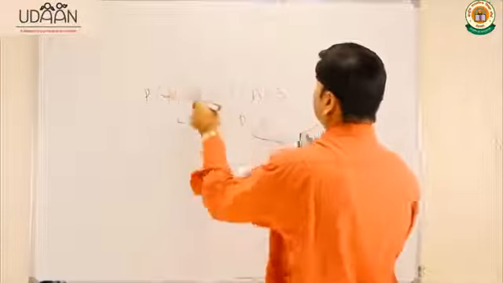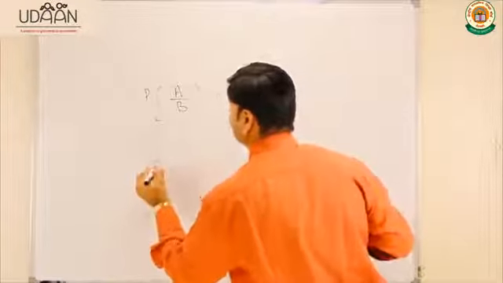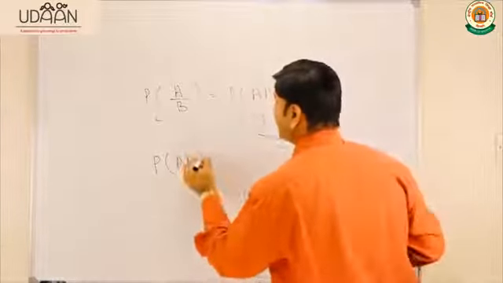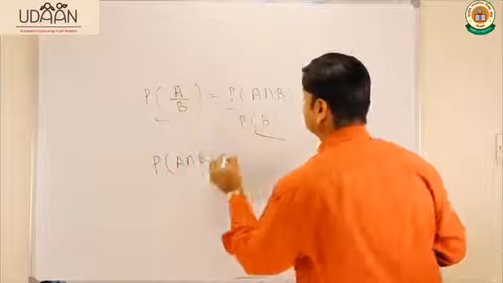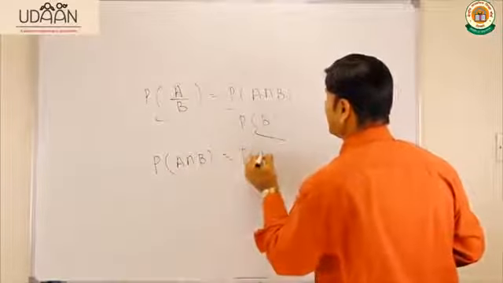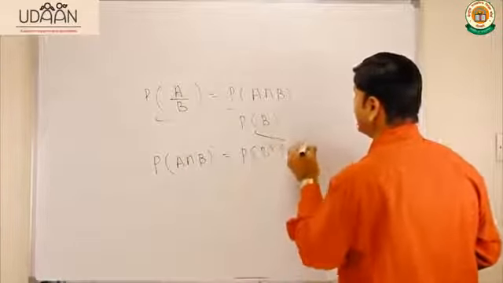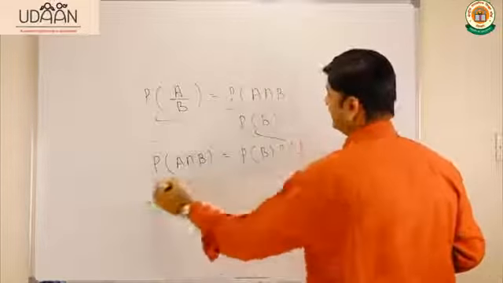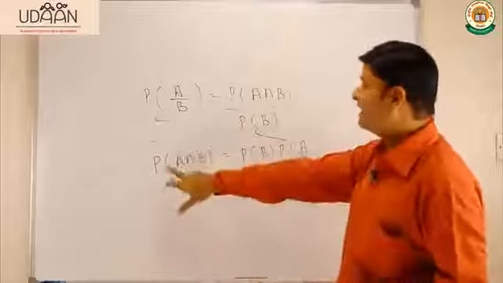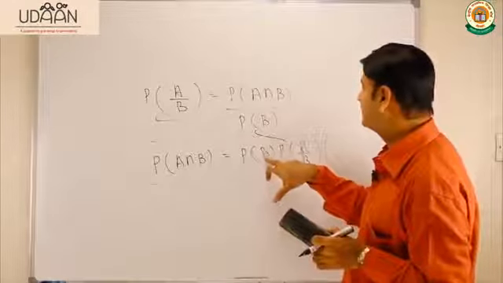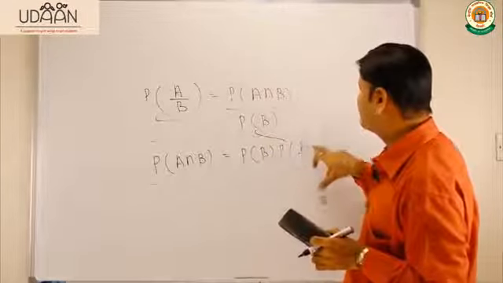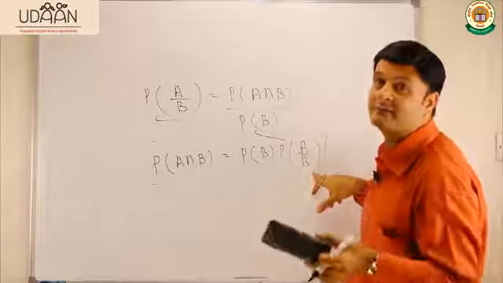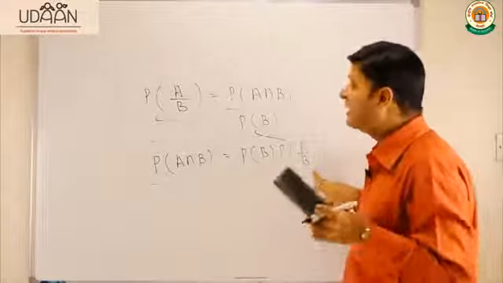We are modifying the formula by cross multiplication. I can say that P of A intersection B is equal to P of B into P of A upon B. The same formula but in a little different way. Here we are assuming B is given, means event B occurred first, then A occurred.